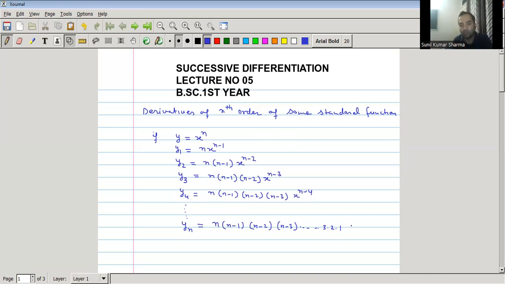The last term is x raised to power n minus n, because for the first derivative we have x to the power n minus 1, for the second derivative x to the power n minus 2, for the third derivative x to the power n minus 3, for the fourth derivative x to the power n minus 4. Similarly, for the nth derivative, the power of x is x to the power n minus n, x to the power 0, that is 1. And this is nothing but n factorial.